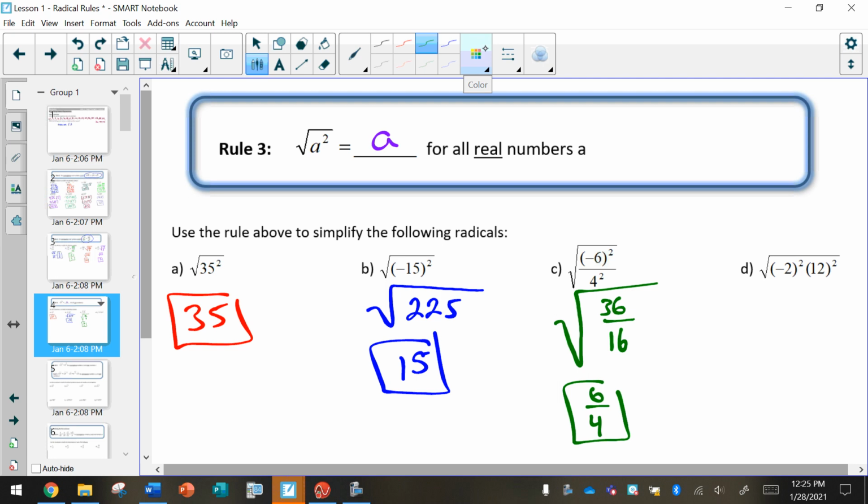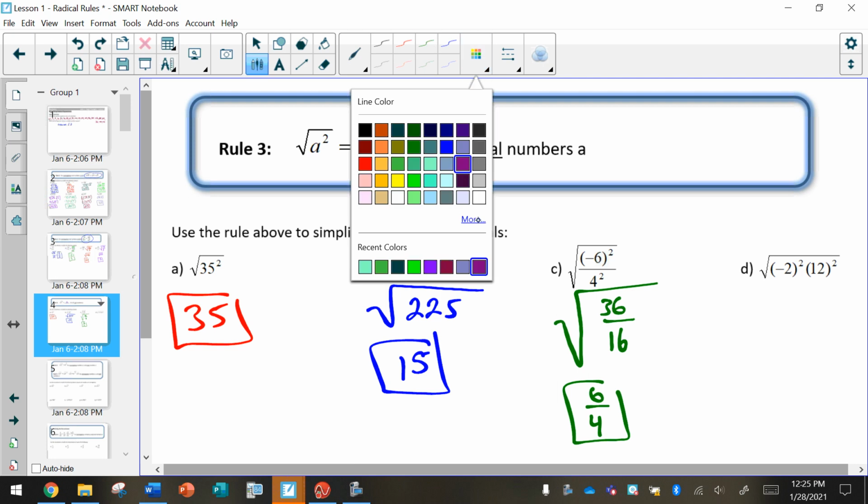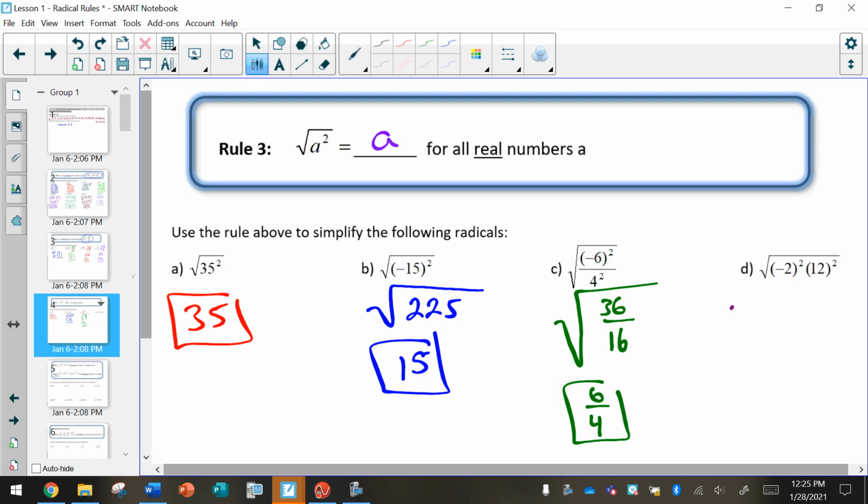If you're multiplying the parts and trying to figure out what the answer is, again, negative 2 squared turns into positive 4. 12 squared turns into 144. Because it's the product, there's two ways you could do this. You can multiply them together.